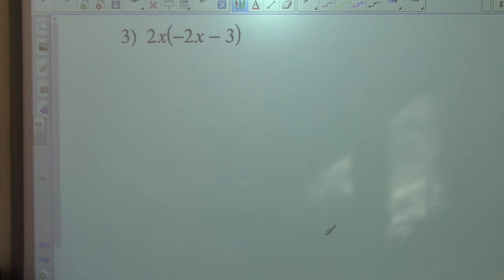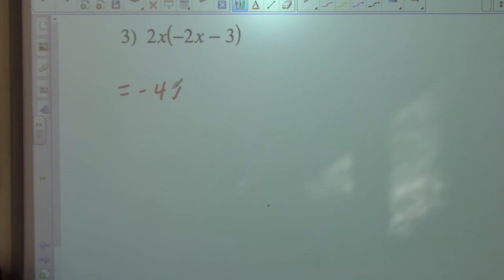Okay, this next one here, we have Tanner. All right, Tanner, what do you think? Negative 4x squared. So he starts out with the negative 4x squared.